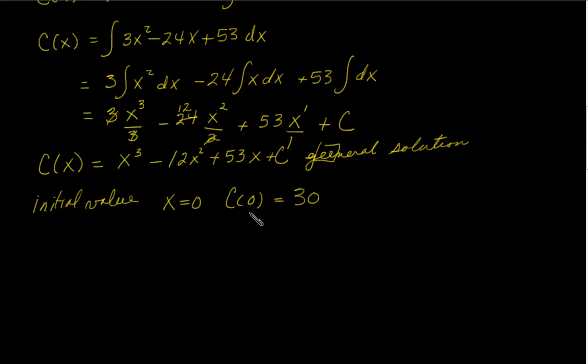Now that tells me that C of 0 is 30, and I know that C of x is given by this general solution, so I would know that 30 would be C of 0, evaluate it right here, would be 0 cubed minus 12 times 0 squared plus 53 times 0 plus the constant C. And you see that that's a 0, and this is a 0, and this is a 0, and so I've evaluated my constant C equal 30.